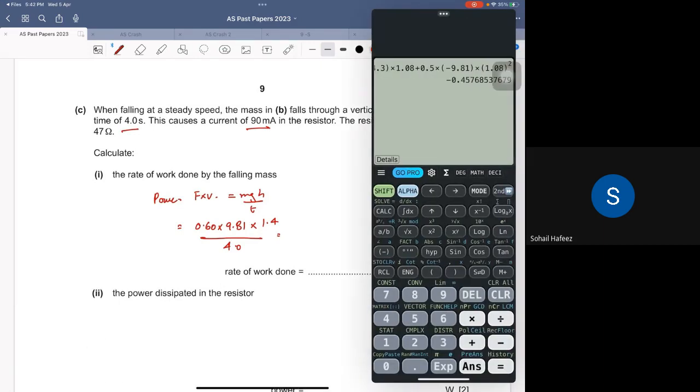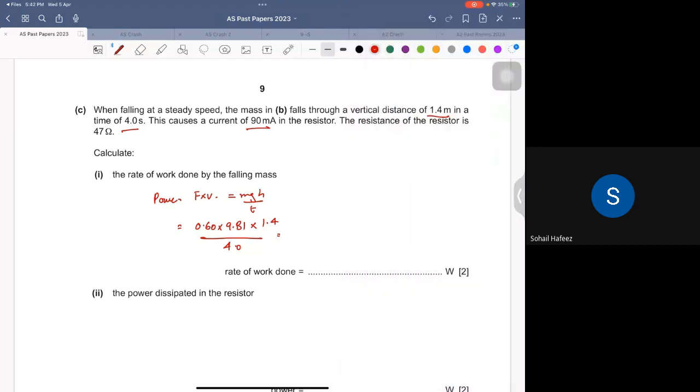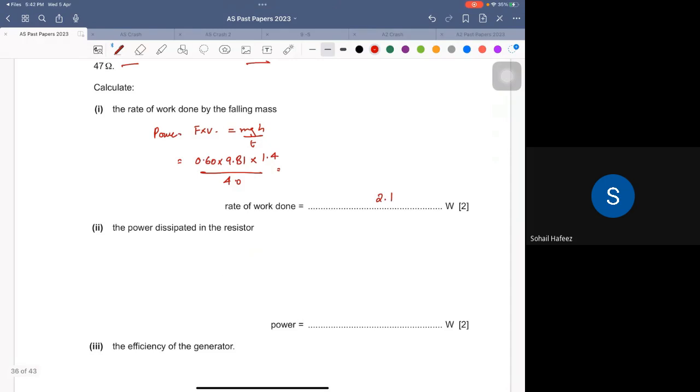You guys haven't done this? Sir, we get 2.1. Okay, so you got 2.1 watts. And then the power dissipated in the resistor.